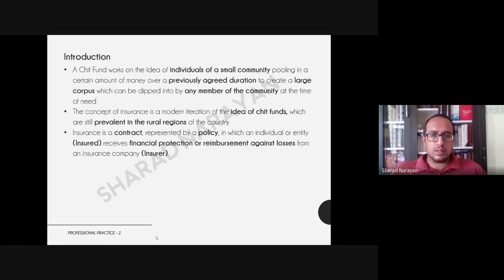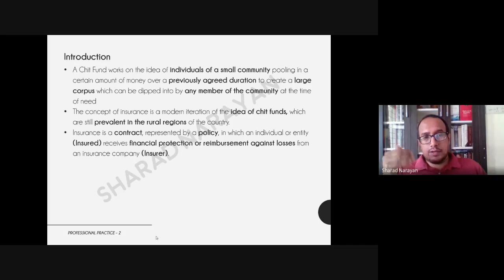So the key point that we have to keep in mind over here is that insurance is a contract. A contract is basically an agreement, a gentleman's agreement between two parties. And we've already talked about contracts in the first cycle of your professional practice, right?